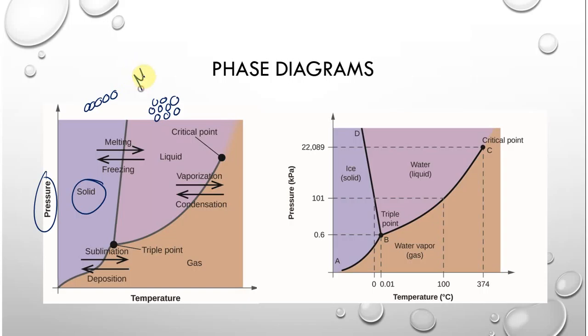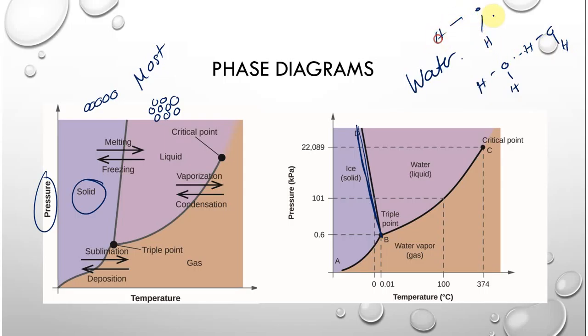This is for most things. This is for water. Water has the liquid phase taking up less space because in ice you end up getting those hydrogen bonds between molecules, creating holes in the structure itself.